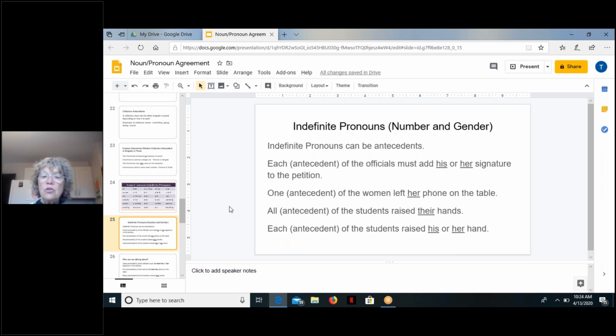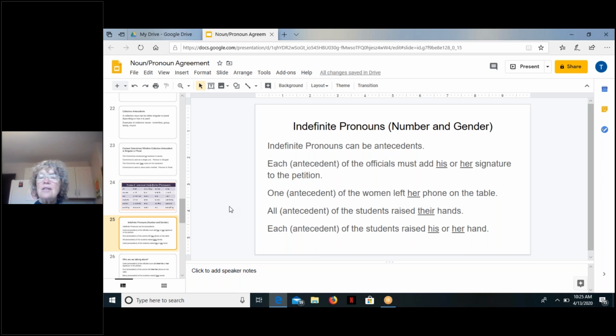All of the students raised their hands. All of the students. There's an auditorium full of students, and they all raised their hands. We are going to refer to that as the collective "all," and we are going to have them all raising their hands together with the plural pronoun. Each of the students raised his or her hand.